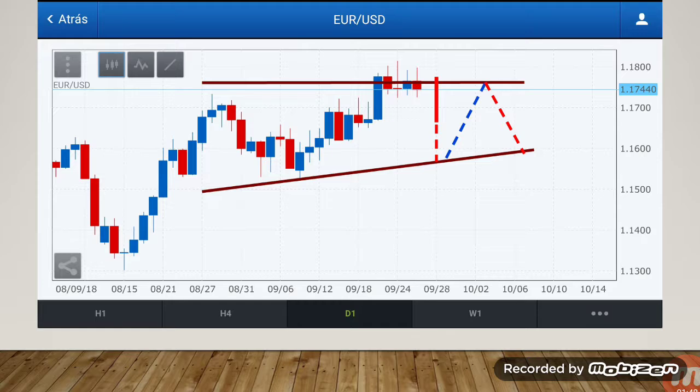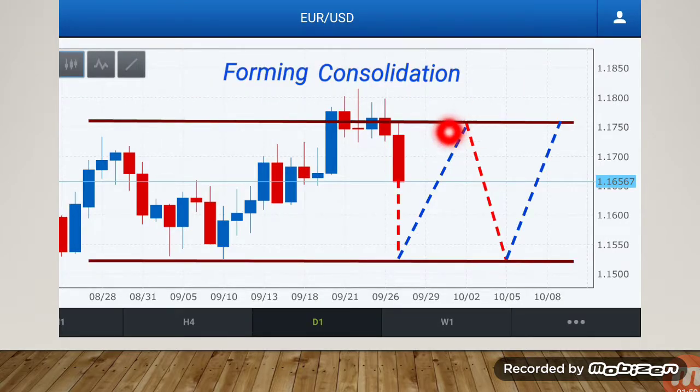So this was a projection, and as you can see here, the market has in fact provided us with this bearish signal that has created what we call an evening star formation that is likely to provide us with another bearish wave as part of the formation of this consolidation setup.